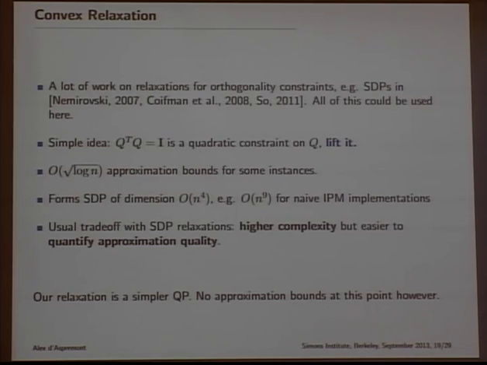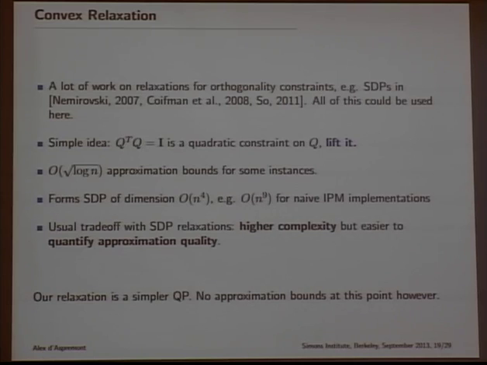The good news is that in some cases, like Procrustes and so on, you can show very tight, almost nearly dimension-independent approximation ratios for these relaxations. So square root of log n. Square root of log n is more or less 6, okay? So the approximation ratios are really good.